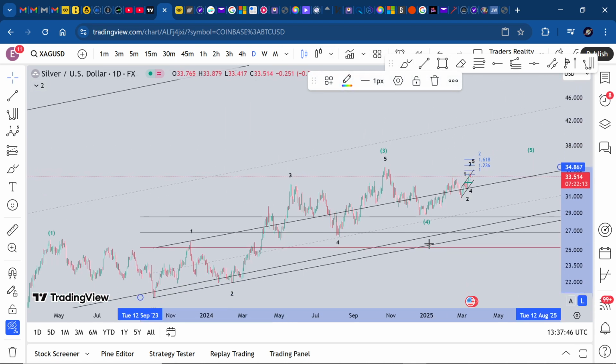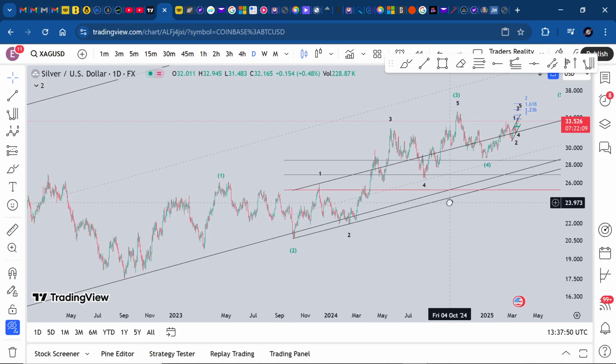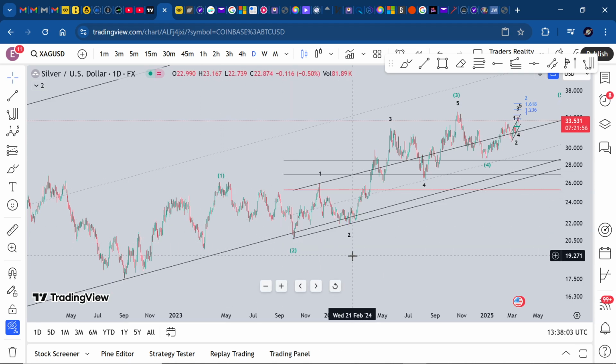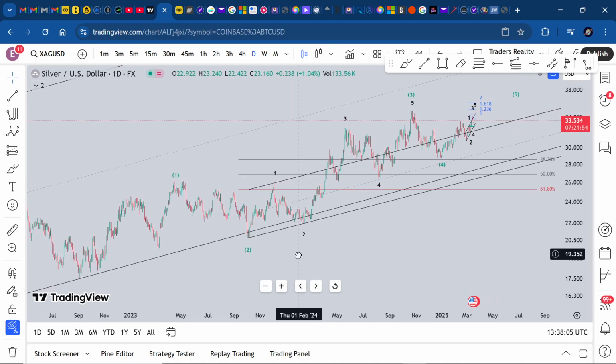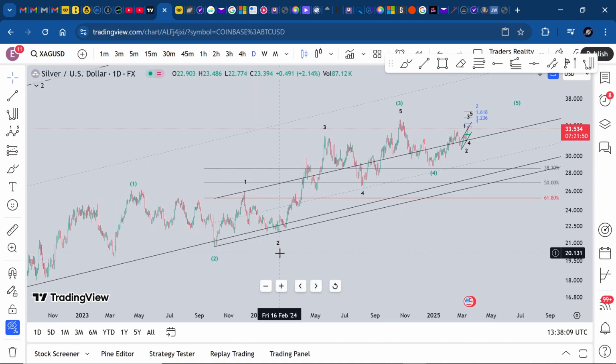That's why I'm on the daily. We've also got potential of a 1, 2, 1, 2, 3, 4, 5. 1, 2, 1. 1, 2.